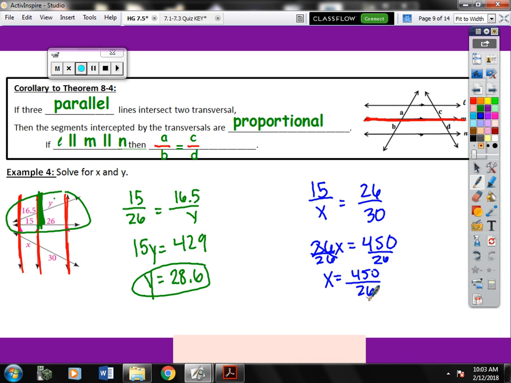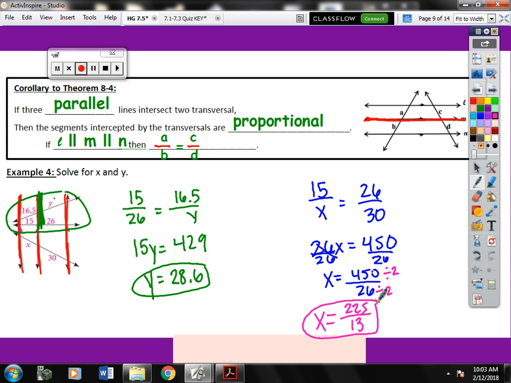Now to reduce the fraction, you're just dividing the numerator and denominator by a common factor, which since they're both even, they're going to at least be divisible by 2. So that's a place to start, or you can use your calculator to help you reduce for you. But this is actually as far as it goes. We'll get 225 over 13 as our reduced improper fraction. If you want to change it to a mixed number, you can, but improper is fine.